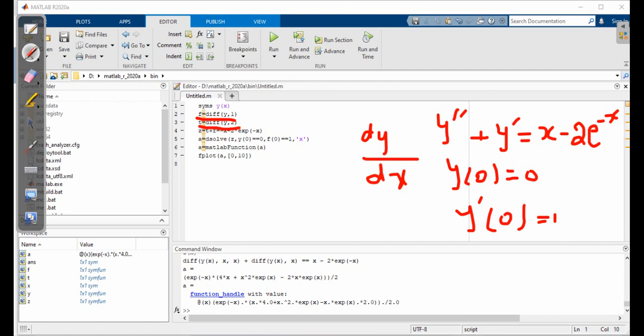If you have a third order equation and you have to take the derivative of y with respect to x, here you simply can put 3. So this is the equation we have written. This is also simple, we can place it in the same order, very easy. At the last we use the dsolve function with the equation, then the initial conditions, then x, and then we plot and see how nice a plot we got.